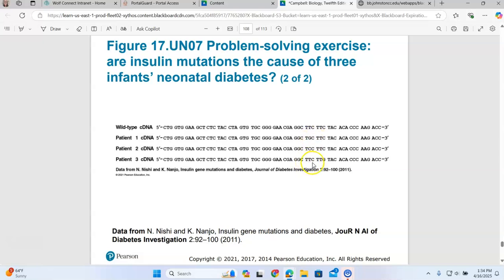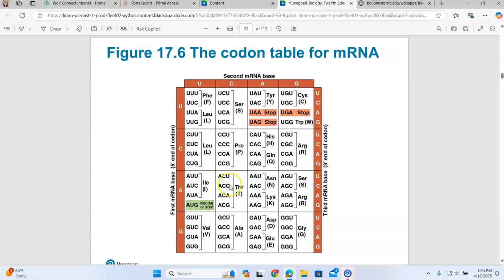That one is TTC, which would be AAG, and AAG is lysine. So the original DNA sample codes for lysine, patient 1 codes for threonine, and patient 2 codes for arginine. So one of those causes infant diabetes.